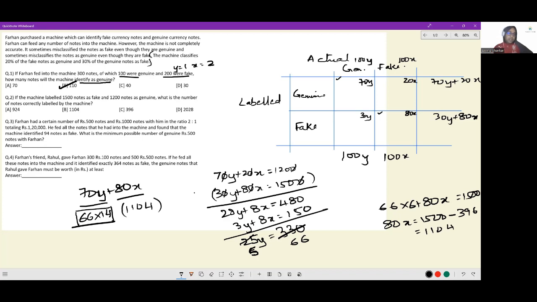Can I be absolutely certain right now that if 80x itself is 1104, my final answer has to be greater than that? And among the available options, the only option that is greater than that is option D.